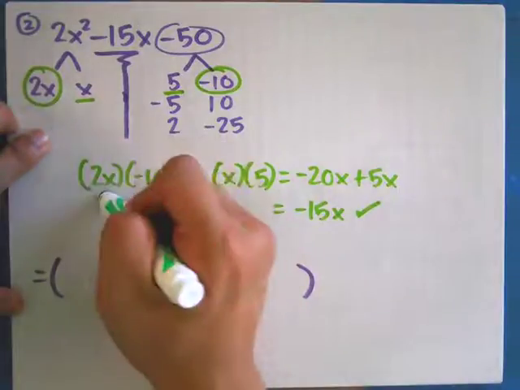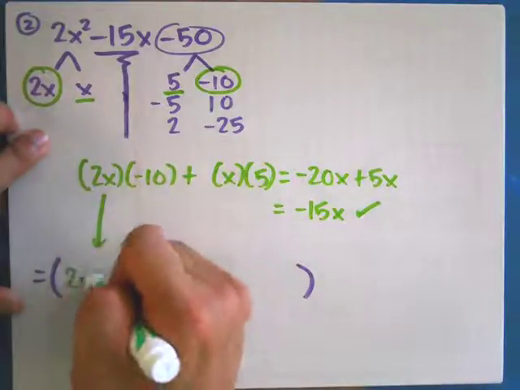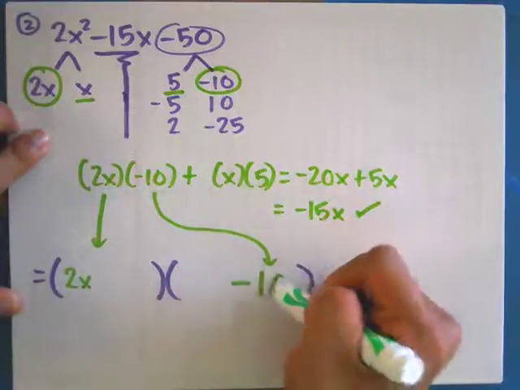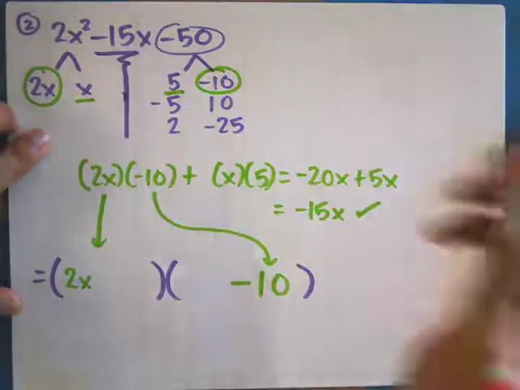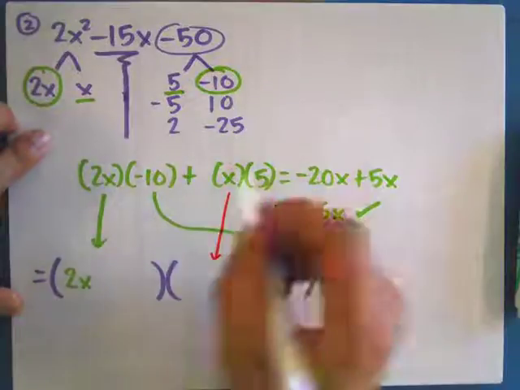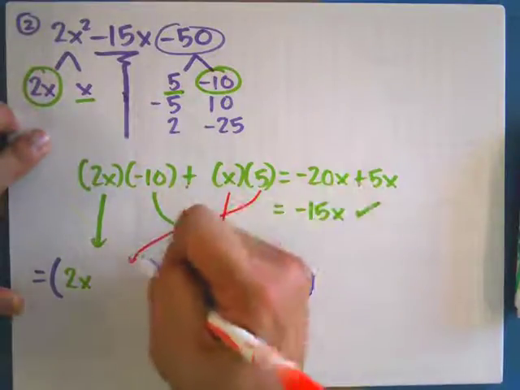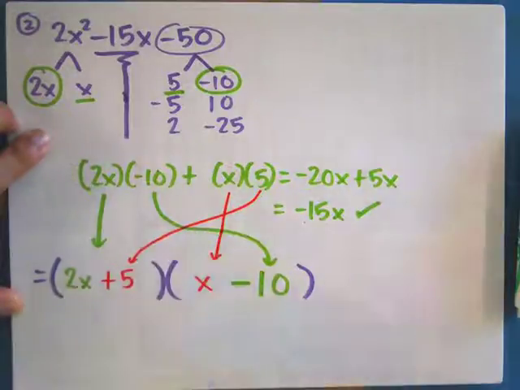It works, and so first pair goes on the outside. It is a negative 10, so we're going to write it as minus 10. Second pair goes on the inside. Okay, positive 5.